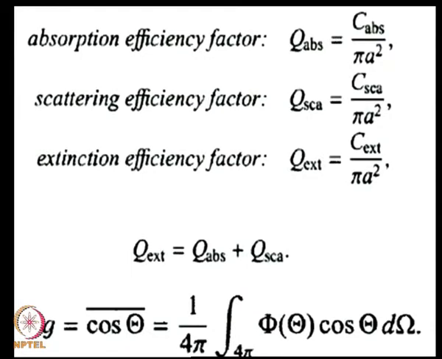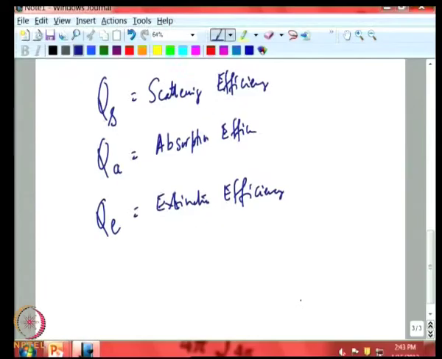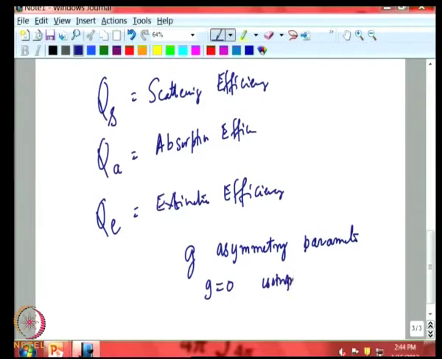Now, G is the asymmetry parameter, and if G equals 0, of course, the scattering is symmetric. So, essentially all isotropic scattering will show G equals 0.